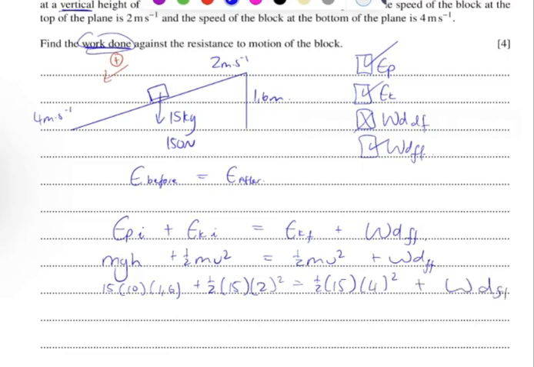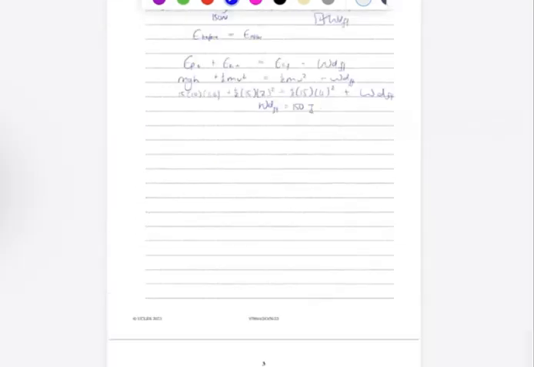The only unknown is the work done against friction, so I'm going to take all my other terms to the other side. So I've got 15 times 10 times 1.6, plus 0.5 times 15 times 2 squared, minus 0.5 times 15 times 4 squared. My work done is then 150 joules. That's a nice straightforward energy question, and that's the whole of question 1.